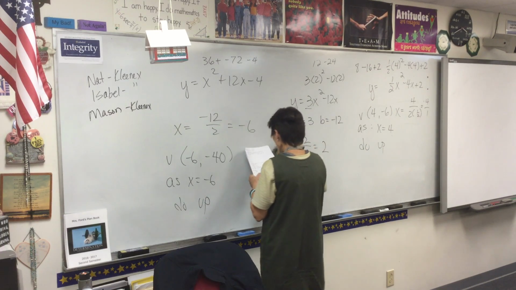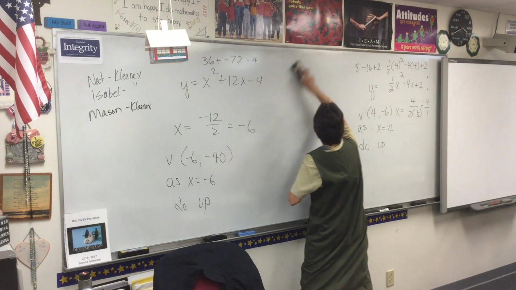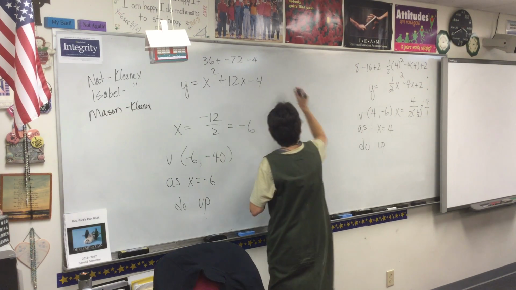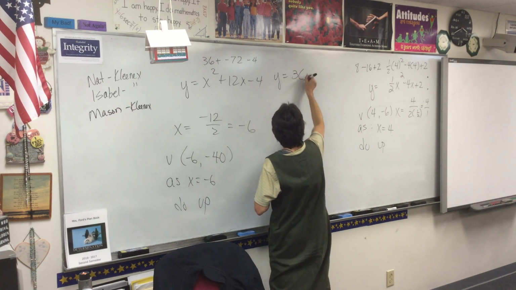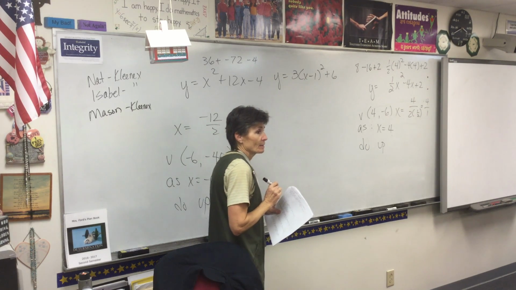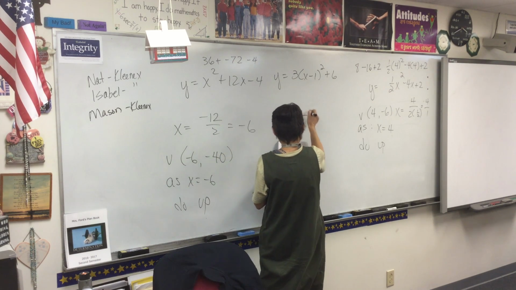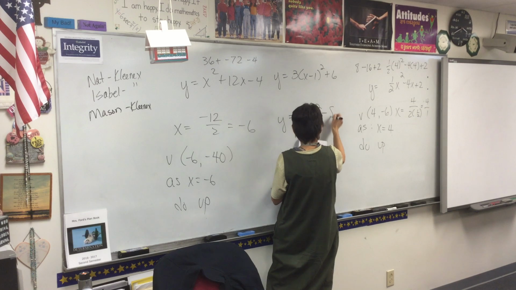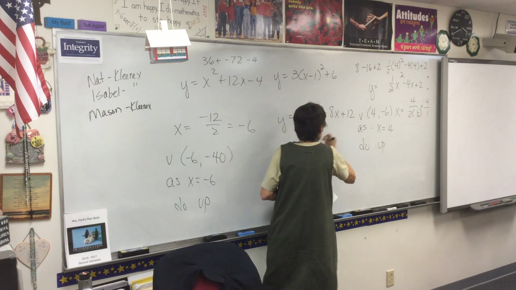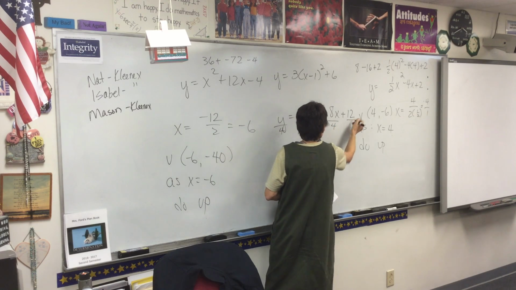Now we're going to change to vertex form. Vertex form, guys, is that form we were talking about a minute ago. This is an example of vertex form. So I'm starting with this. Olivia says let's divide everything by 4.